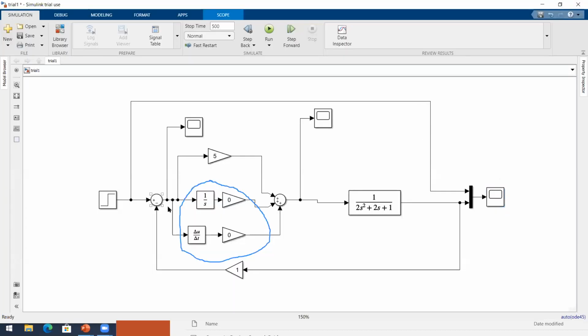That is the error which comes here. Correct? 1 is the desired output, 0.82 is what you're getting, so error is 0.18. 0.18 multiplied by this 5, how much? Can someone calculate? 0.9, sir.